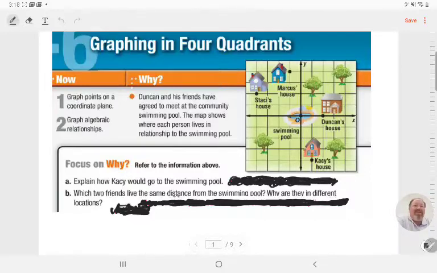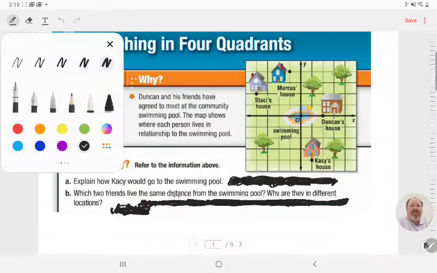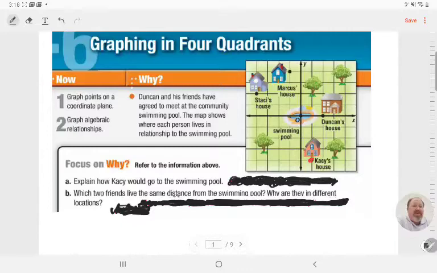Explain how Casey would go to the swimming pool. So Casey would be, let's change color here. This is Casey's house here. So that's where Casey's starting from. So how would Casey go to the swimming pool? We're going here.